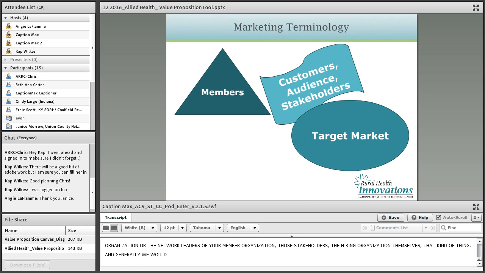And generally we would refer to a target market as those groups of people that are interested in the product that you're delivering. They're your customers that are most likely to engage in your work, your services, and your products. They can be a combination of all of members, customers, audience, stakeholders, but when we talk about target market, we're really focusing on any one of a group.